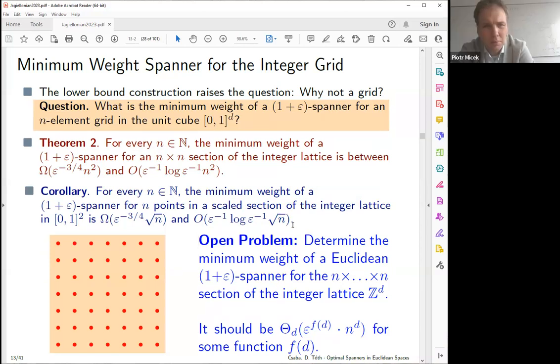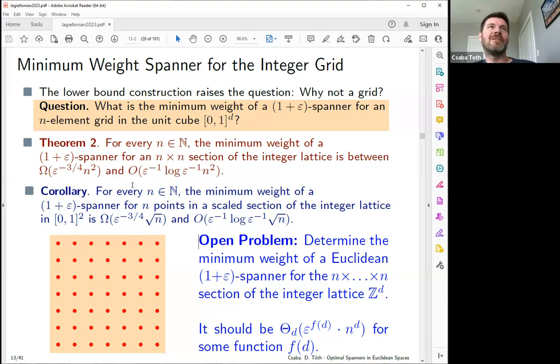No. The upper bound that I have is the algorithm that gives the optimal upper bound in general, applied just to the grid. So it's not easy, but maybe there is something easier for the grid. I don't know.